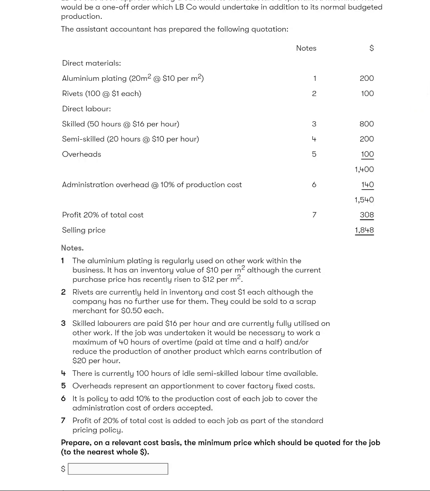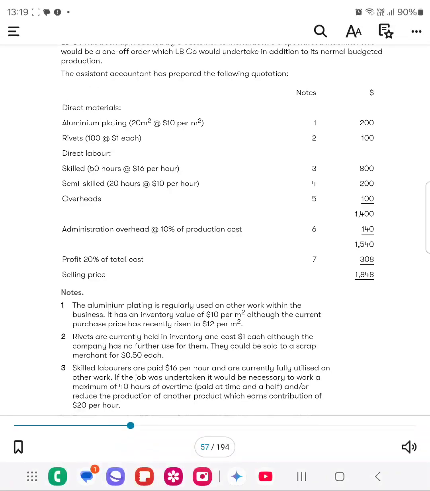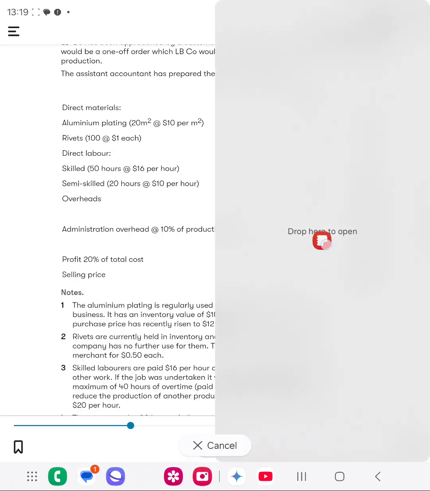Now you will ask why we didn't take the $10 cost. It seems irrelevant because it is something which has already been incurred, right? So this is a sunk cost.